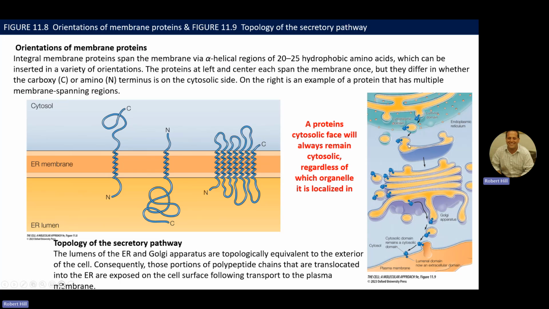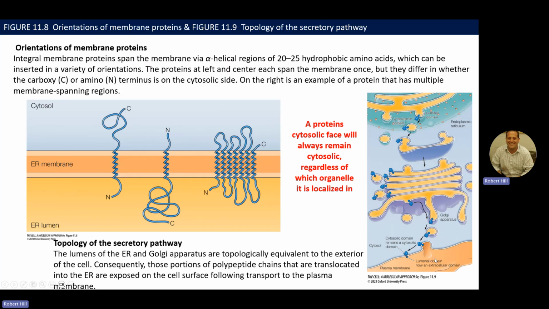This is like the early part of the Golgi, so that the cytoplasmic side is still in the cytoplasm. And as it gets processed through the Golgi, the cytoplasmic side is always in the cytosol. Finally, when it gets to the plasma membrane, right down here, the cytoplasmic side is still in the cytoplasm, right?